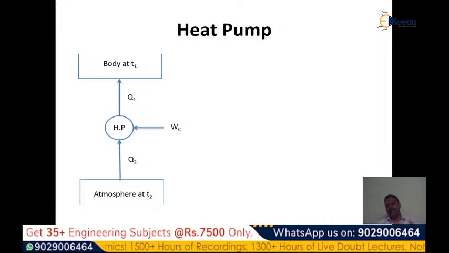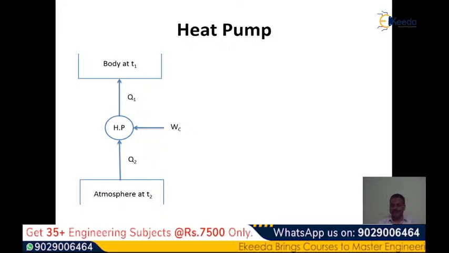In the case of a refrigerator, the desired place is the space which has to be maintained at a temperature less than the surroundings, whereas in the case of the heat pump, the body or the space has to be maintained at a temperature higher than the temperature of the surroundings by receiving heat from the surroundings itself.